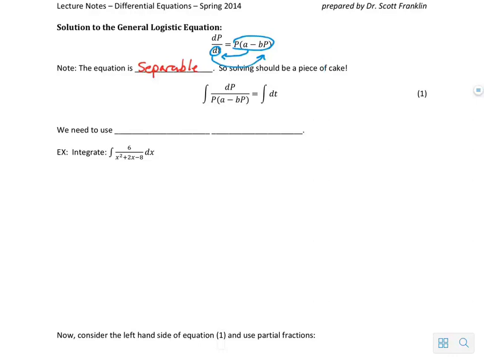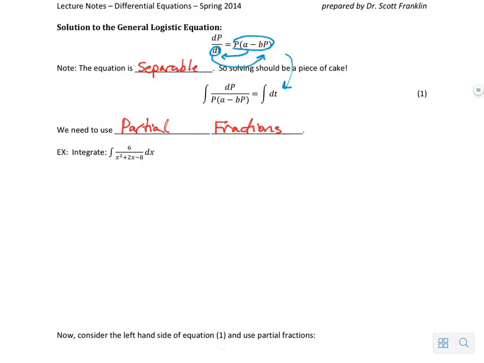You end up with this integral: the integral of dP over P times (A minus BP) equals the integral of dt. So to integrate the left-hand side, that's where we need partial fractions.